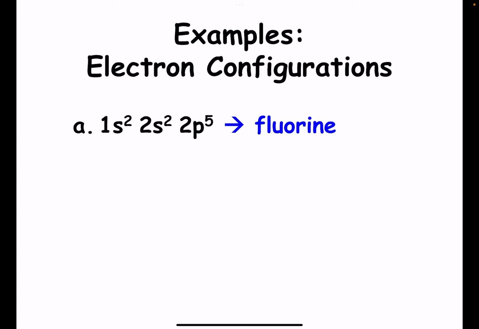Another good way to check if your answer is correct is to count up your electrons. We got 2 here, that's 4. 4 plus 5 is equal to 9. So I should have a total of 9 electrons.